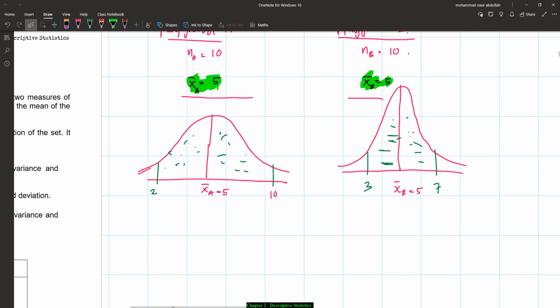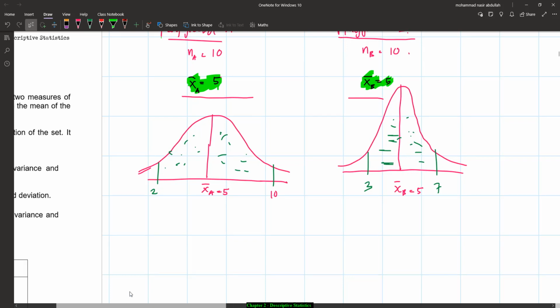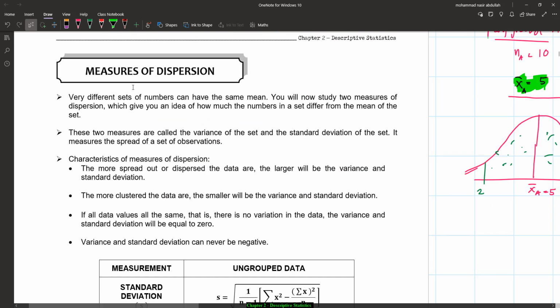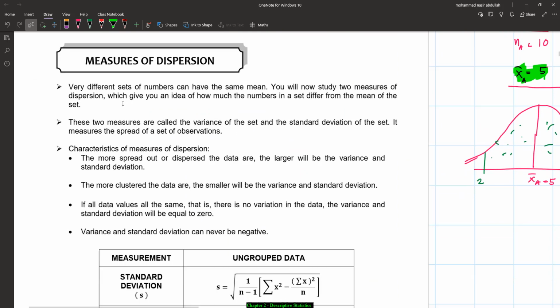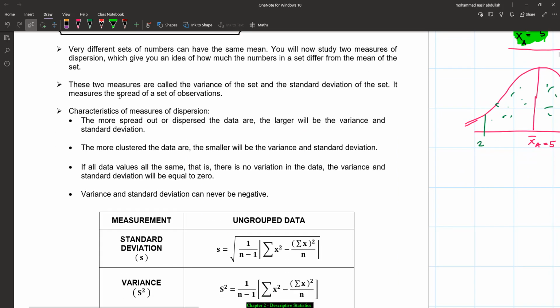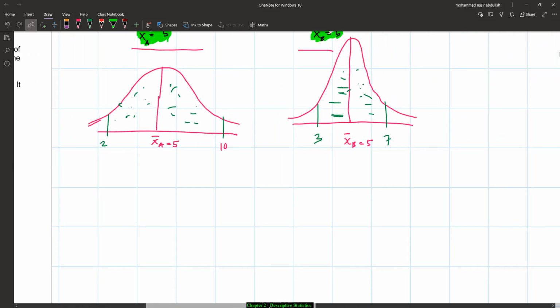Okay. So that's why we need to use measure of dispersion, using standard deviation or variance. Looking at the characteristic of measure of dispersion: the more spread out or dispersed the data, the larger the variance or standard deviation will be. If the data is more spread, the standard deviation will be larger.